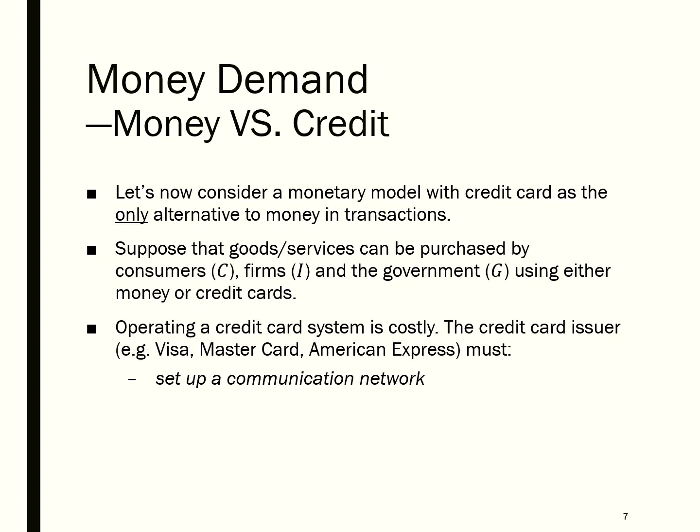It's called a POS machine, and this is a communication network which costs money. And the credit card companies also have to check the credit histories of individuals. Not everyone can have a credit card. Having a credit card in the past is a symbol for being a good person, because you are behaving yourself, you are not doing anything naughty, and then you will be able to have a credit card.